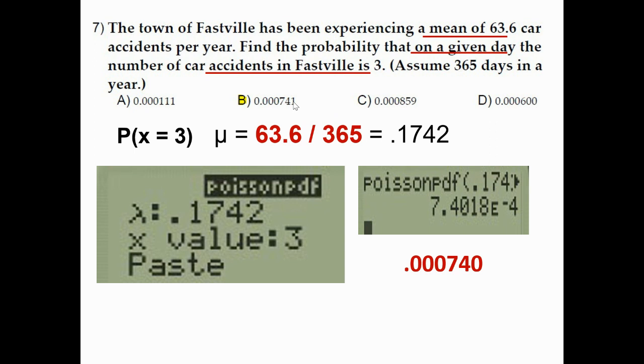If you had your calculator set to 3 places or 2 places, you wouldn't get anything close. Look at the number of places prior to doing the problem. You want this answer to be as close as you can. If you had 1 or 2 places, the answer would have been 0. You wouldn't have seen it, so I can't stress that enough.